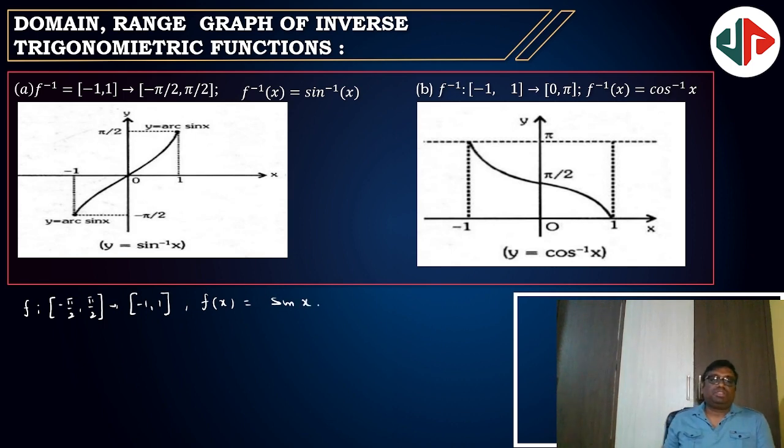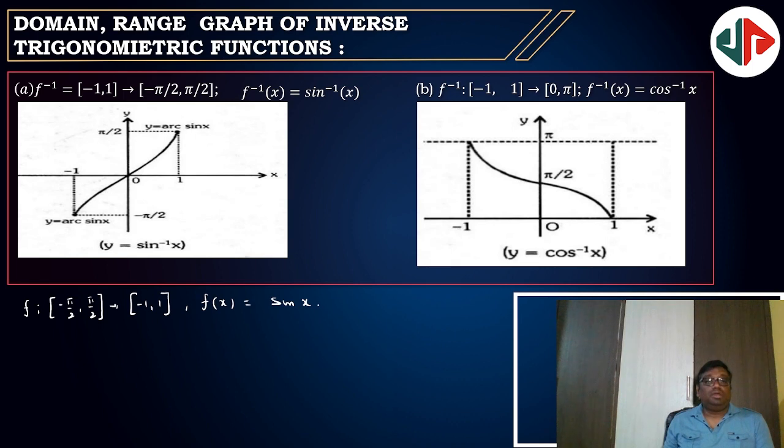If I consider this function, clearly this function is a bijective function because it is a one-one function as well as an onto function. If a function is bijective, then definitely its inverse function will exist.